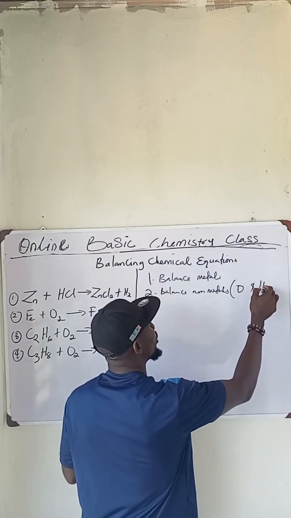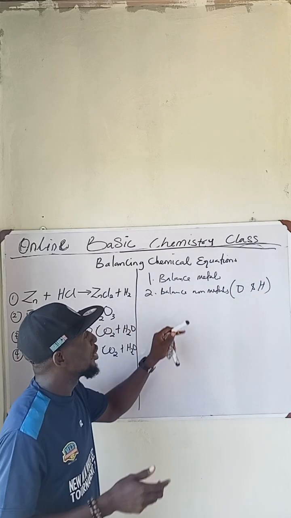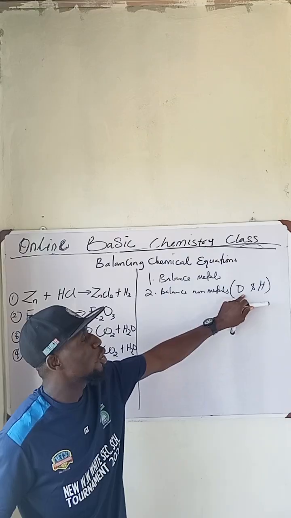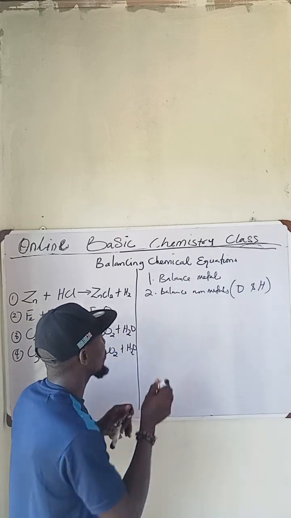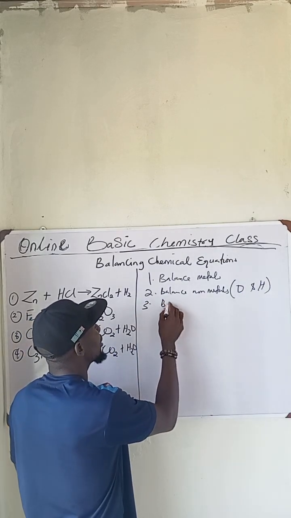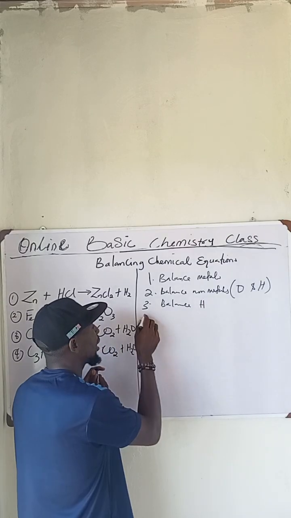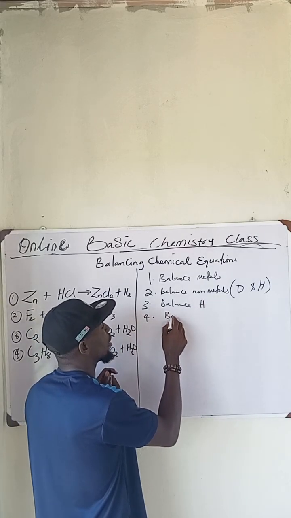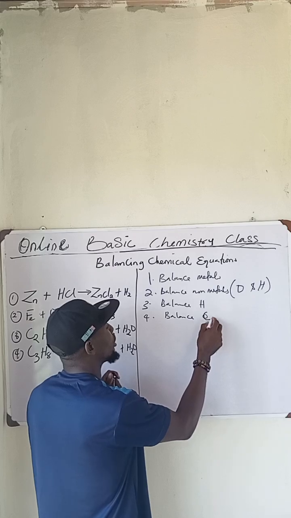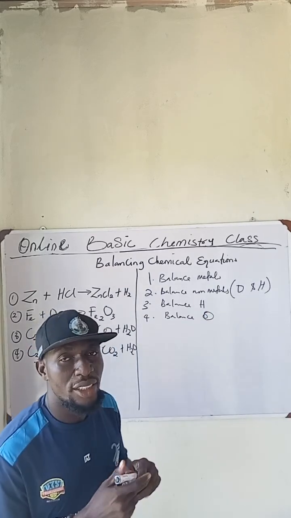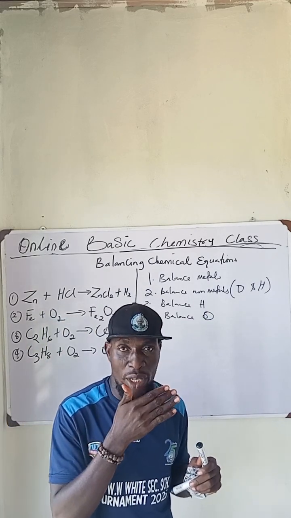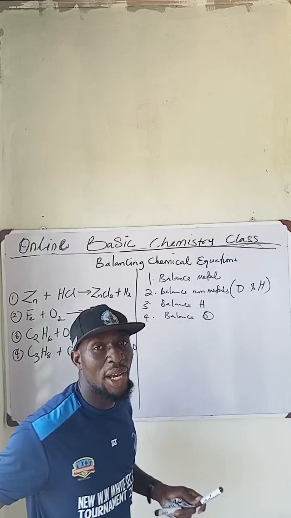Oxygen and hydrogen. So you balance other non-metals, with the exception of oxygen or hydrogen, first. 3. Balance hydrogen. And lastly, you balance what? Oxygen. And please, you're balancing this equation step by step. I'm giving you this tip so that you minimize the errors.